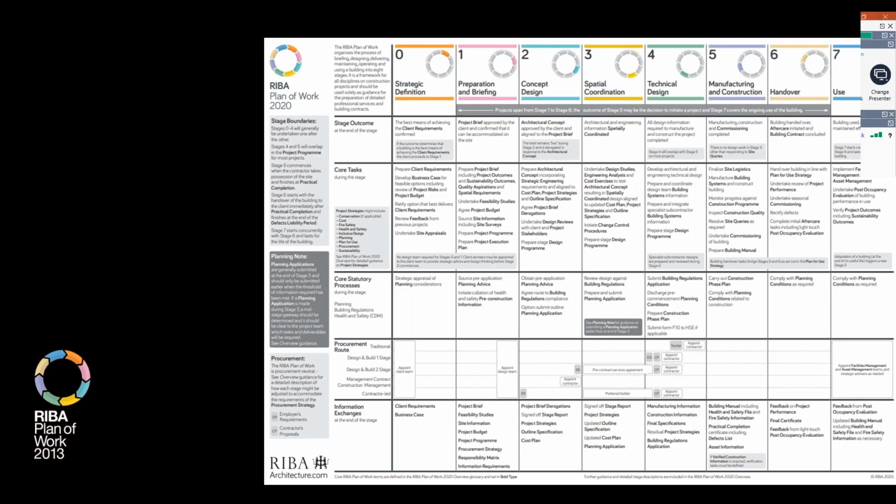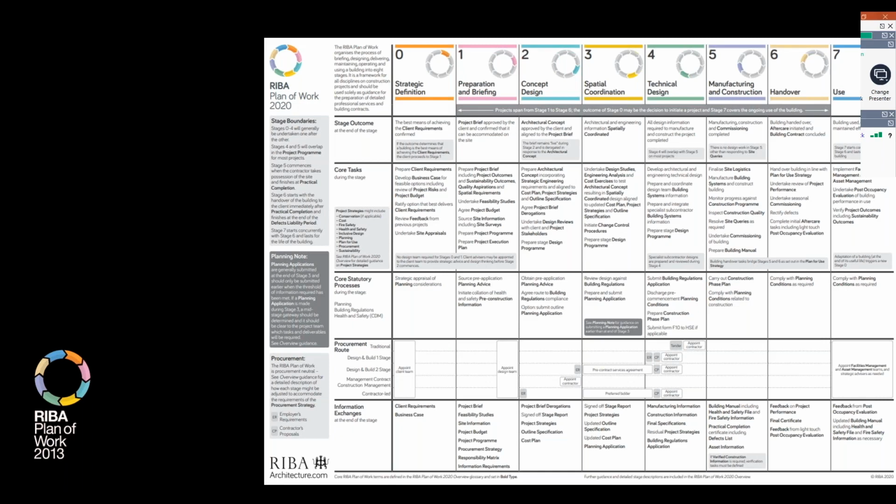But what I would say, and we do have this in the overview document, is that all of the plans of work that exist internationally are not really that different to the RIBA Plan of Work. I think some of them may not have the in-use stages or greater clarity around the briefing stages, but they certainly have a process that runs through the design and construction phases of a project.